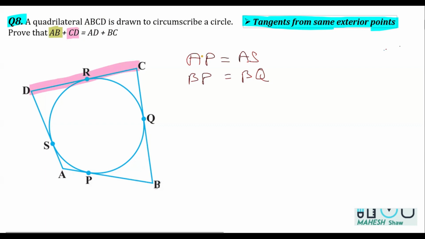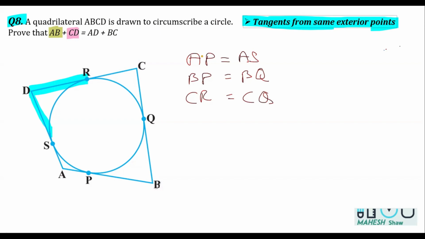So in CD, what you can see here, that same way, I can say that CR is equal to CQ. So I'll be writing CR is equal to CQ. And likewise, I can say that DR is equal to DS.